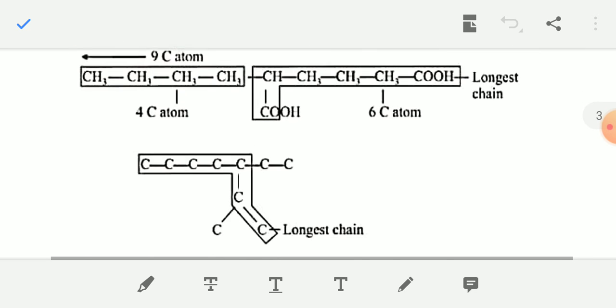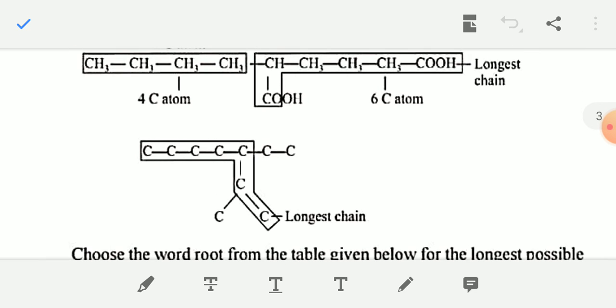In this example, you can see one acid group, COOH group, is present, and this is the principal functional group. On the left side there are 4 carbon atoms, and on the right side 6 carbon atoms. Acid group is the main functional group. You have to mark the carbon of the carboxylic acid group, that is the COOH group, as 1.